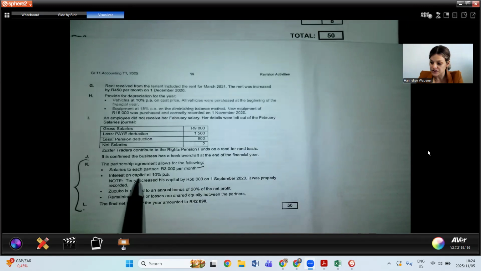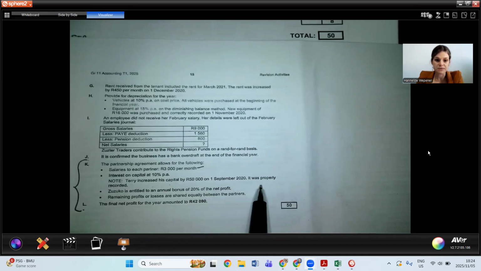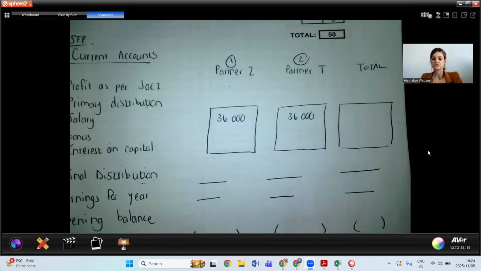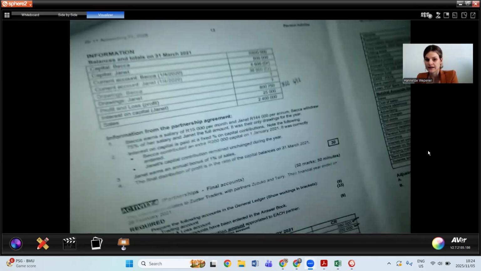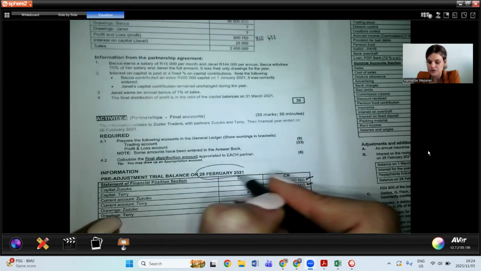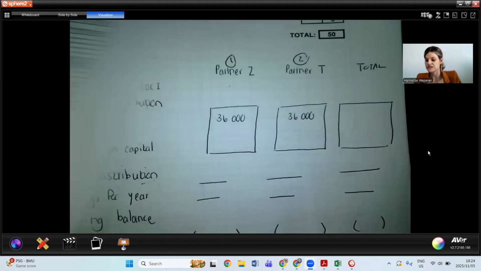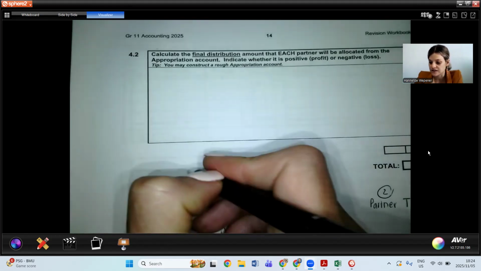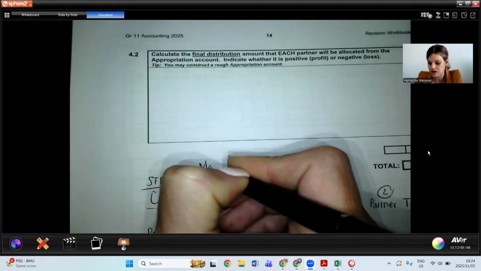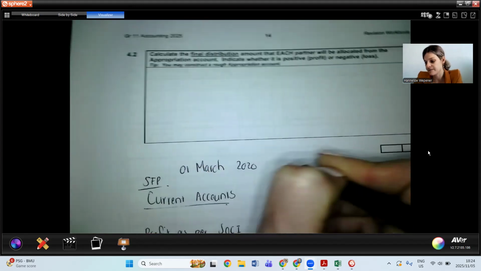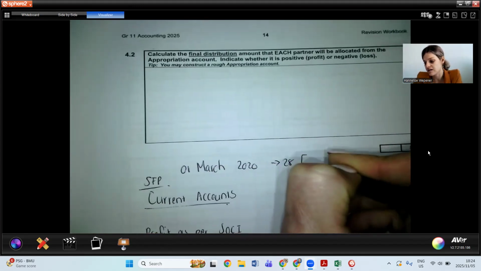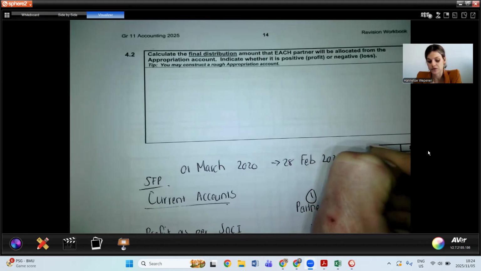Then interest on capital is 10% per annum. However, note that one of the partners increased his capital by 50,000 Rand on the 1st of September. It was properly recorded. So remember, your financial year ended on the 28th of February 2021, which means that your financial year ran from the 1st of March 2020 up until the 28th of Feb 2021.